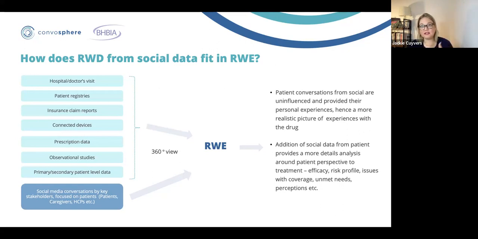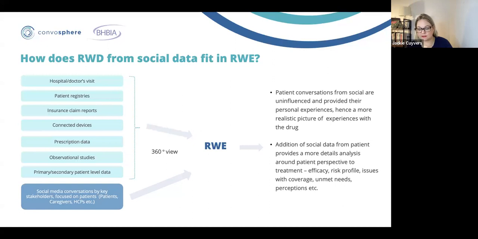These are unsolicited conversations, posts, comments that they are having, and that are collected through tools and aggregators that license the data and collect the data and help you work with this data.